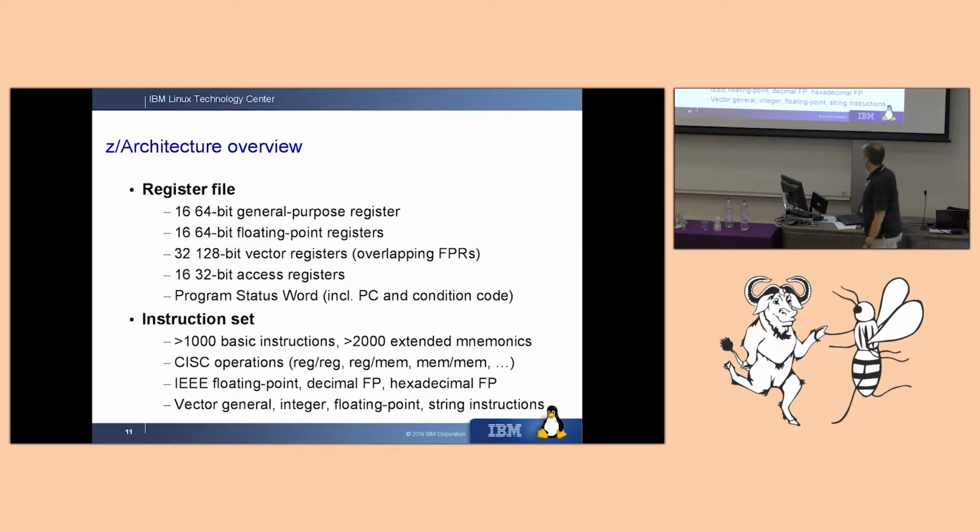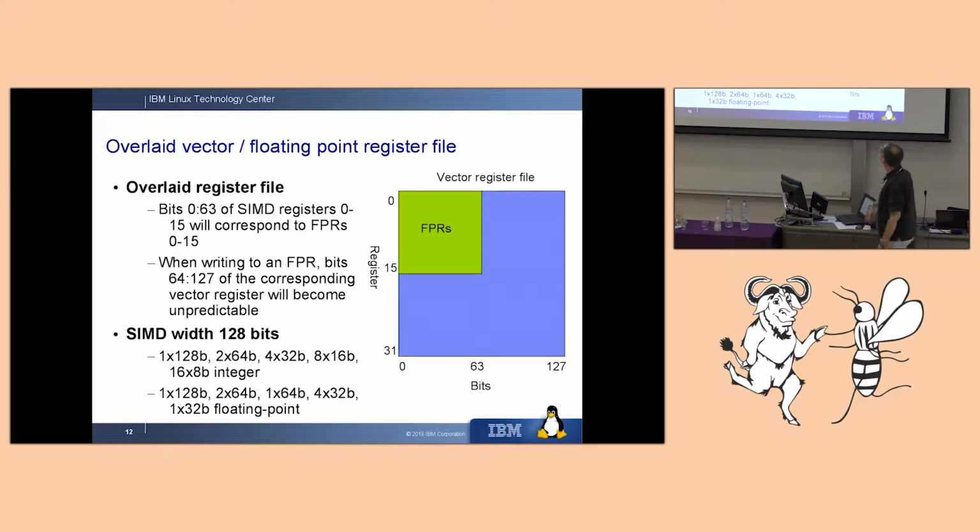We do support a variety of floating point formats, IEEE floating point, but also decimal floating point, and even some weird IBM thing called hexadecimal floating point, which we don't support in compilers, but which the hardware supports. And now we do have vector instructions, as I said. If you're familiar with PowerPC VSX, it looks similar to what we do now. We have the floating point registers, which were originally 16 of them.